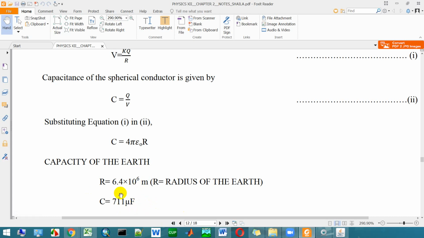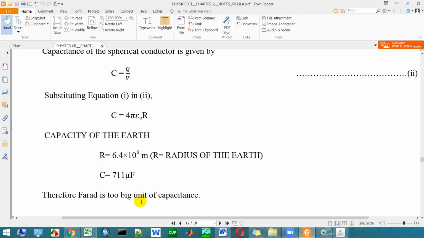Even for earth itself, the capacitance comes in microfarad. So the farad is too big a unit of capacitance, and it is not possible to construct a capacitor of capacitance in farad.